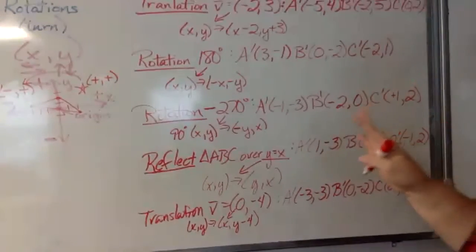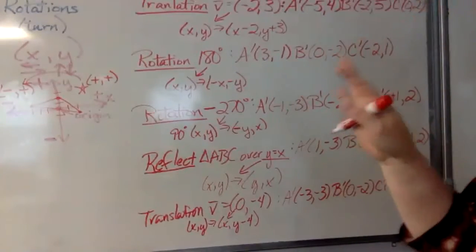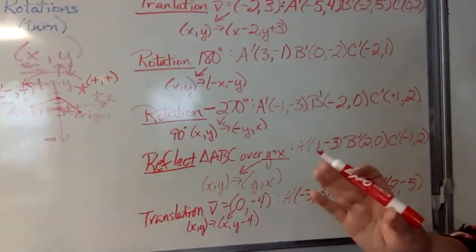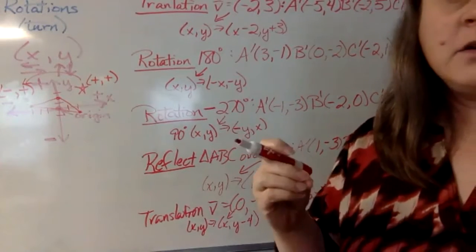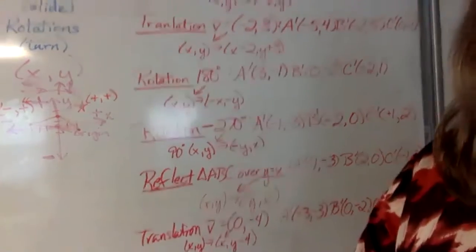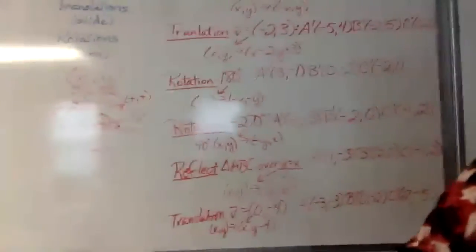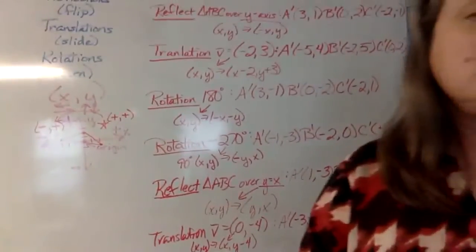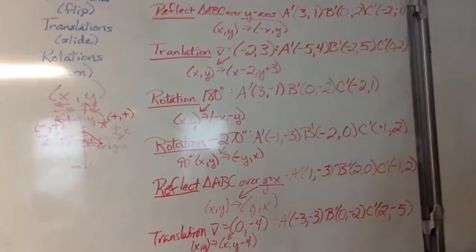So we've talked about our 3 different things. Reflections, remember, are a flip. Translations are a slide. Rotations are a turn. Now, with these, like I said, this is similar to what you're getting ready to do for your quiz, okay?